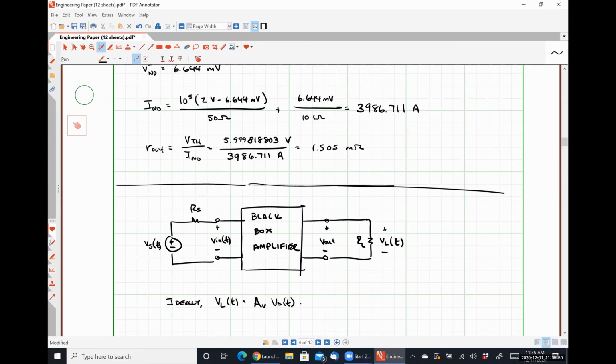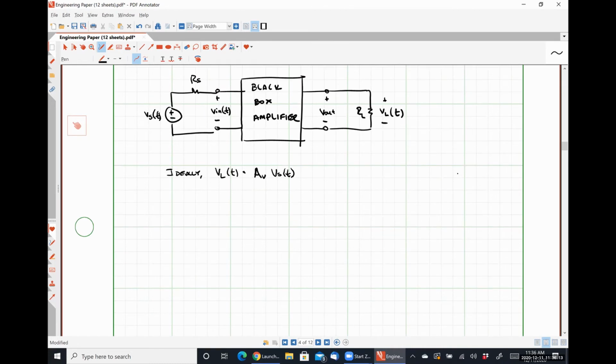So in a perfect ideal world, this amplifier would work in such a way that our output voltage, VL of t, the voltage drop over our load connected to the system, would simply be the source voltage scaled up by some factor.